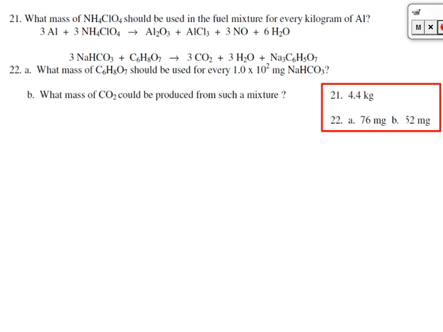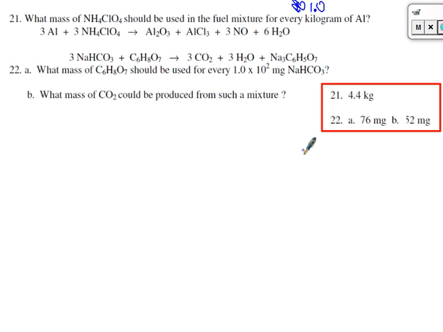Number 21, what mass of ammonium perchlorate should be used in the fuel mixture for every kilogram of aluminum? So this question confuses people because there's no math in the initial question.